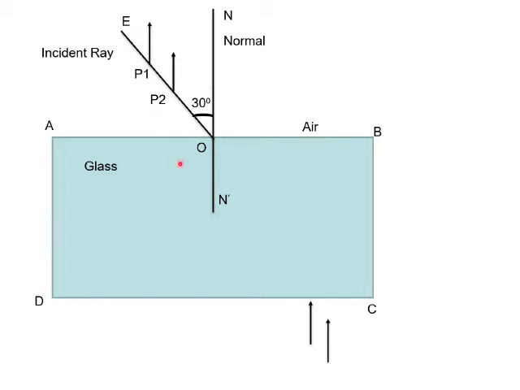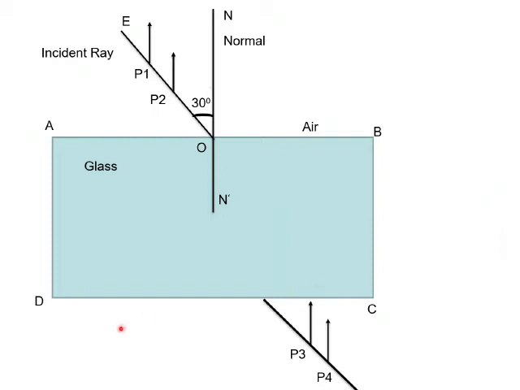You have to place the glass slab back into its place where you have drawn the outline. And then you have to see the images of P1 and P2 from the side DC of the glass slab and place two more pins, one after the other. And you will find that all the four pins P1, P2, P3 and P4 will lie in one straight line. So this is pin P3, this is P4.